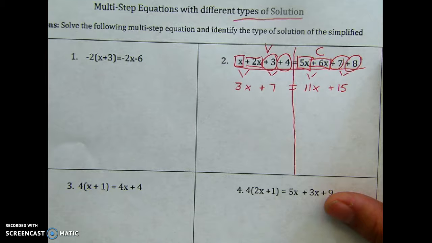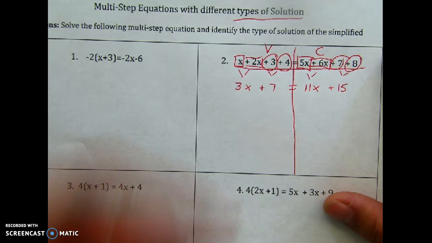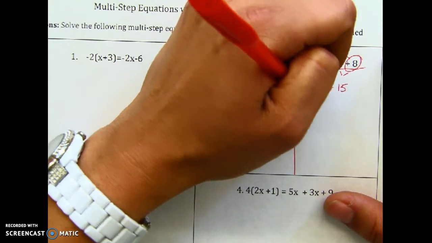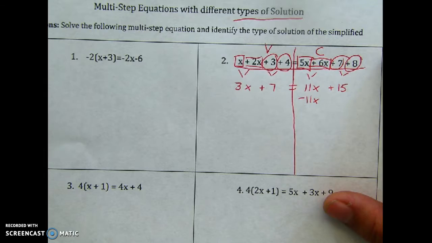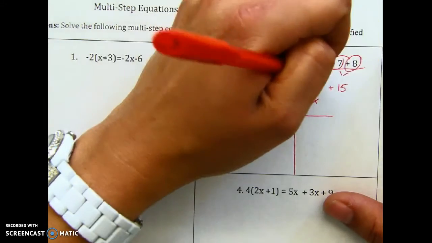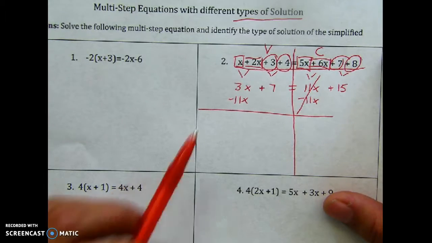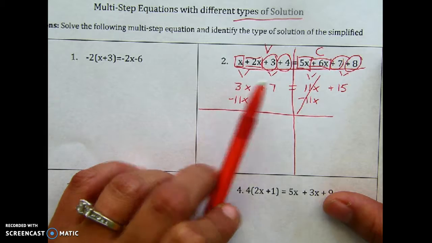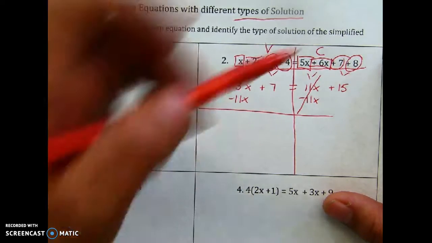Now I'm going to go ahead and inverse, so that I can move my variable off my constant side. I'm going to inverse the 11x. If you notice, I put the negative 11x underneath my other variables, so that way I can combine like terms.